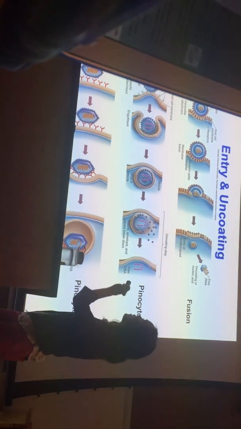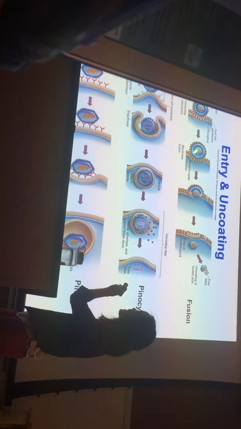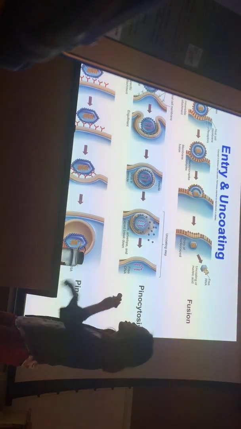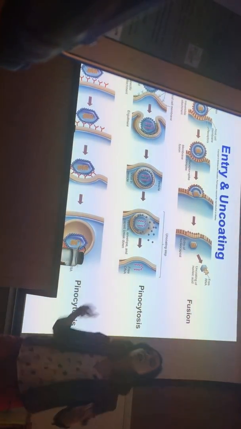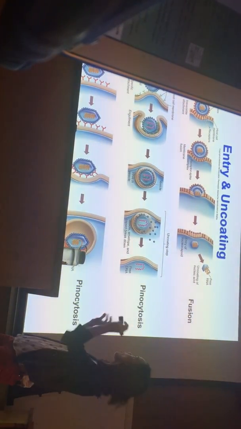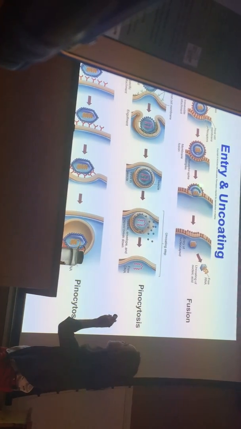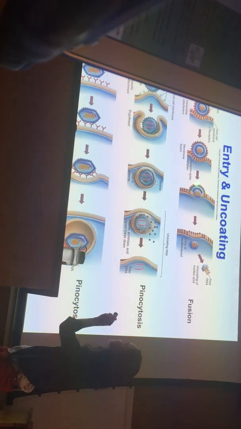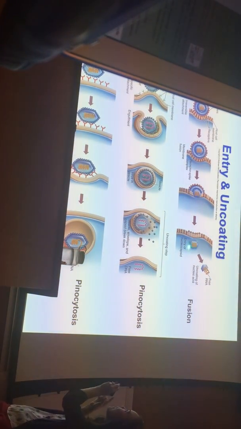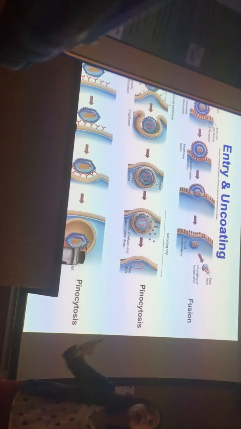A virus attaches, and then it triggers a fusion event, like two things melding into each other. In this case, the envelope merges with your membrane, and the only thing that enters is the capsid with the genetic information.